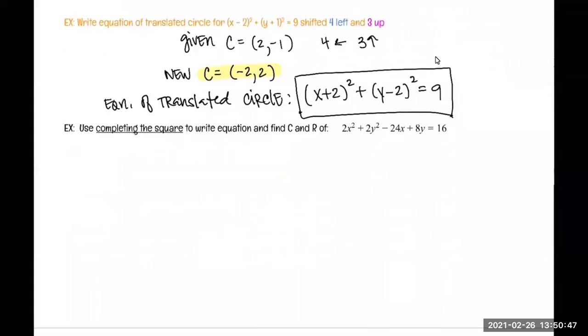Okay. Next is the last one for our equation of our circle is to change an expanded form into your standard form. So we have to use completing the square. And because there's two variables, we're going to complete the square on our x's and complete the squares on our y's. So the first thing I'm going to do is I'm going to rewrite the problem just so that the x's are together and the y terms are together.